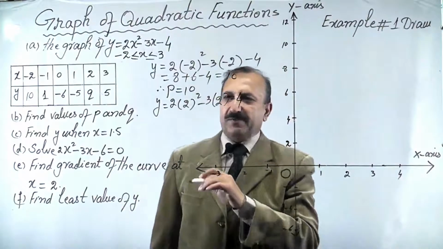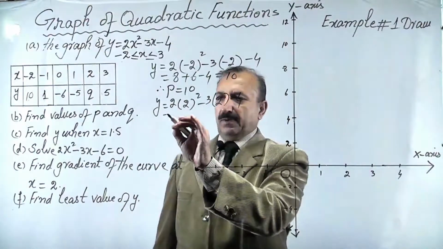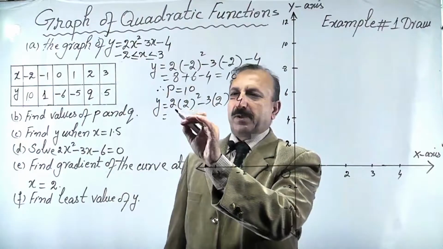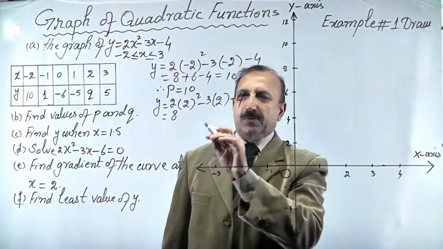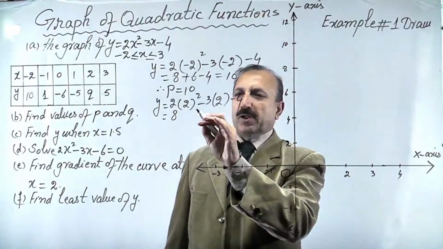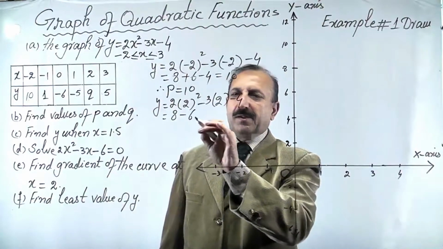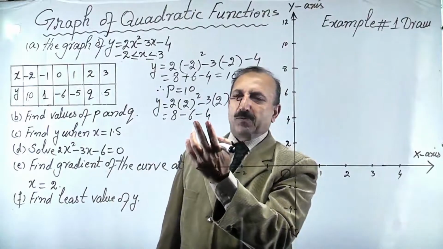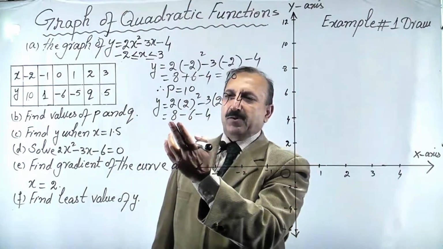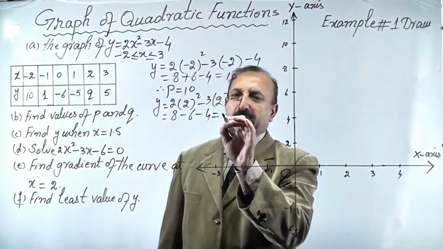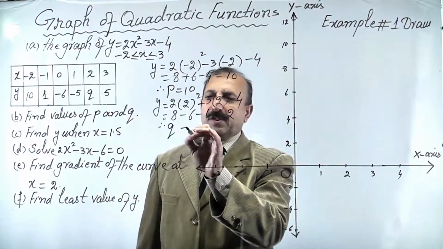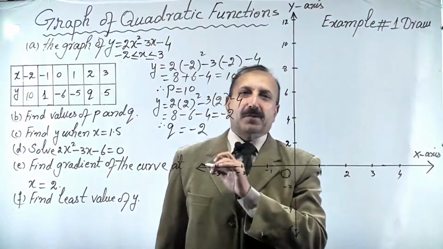Let's simplify these values. 2 squared becomes 4, and 4 times 2 is 8, again a positive value, and 2 times 3 is now minus 6 here, and minus 4. The negative quantities both when we add become minus 10, and when we add 8 we get minus 2. So therefore the value of Q is minus 2, my dear students.